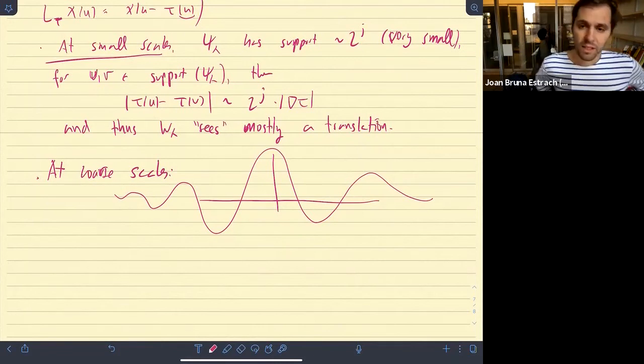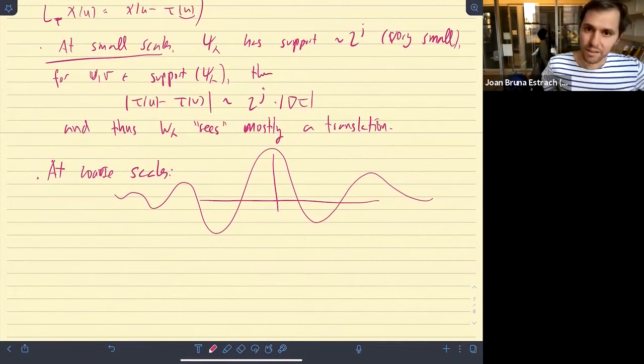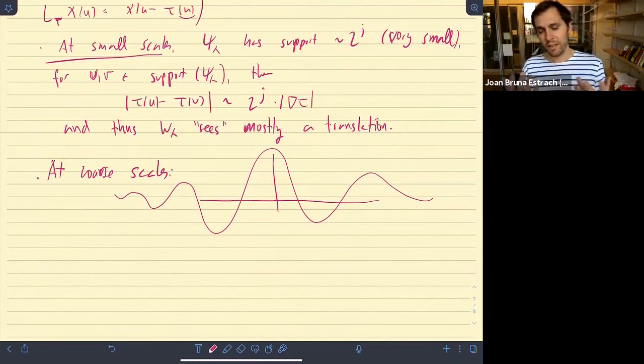So the point is that if I look at the coarse scales, just imagine what it means. I have one of the filters that is just extracting the very smooth components of the image. So think about an image that is very smooth, like very blurry, and now think about applying a small deformation to a blurry image.